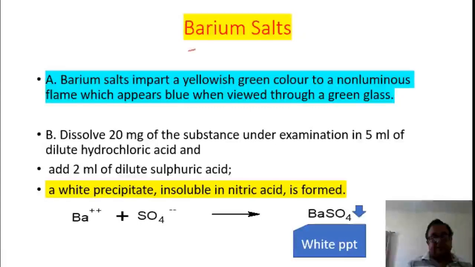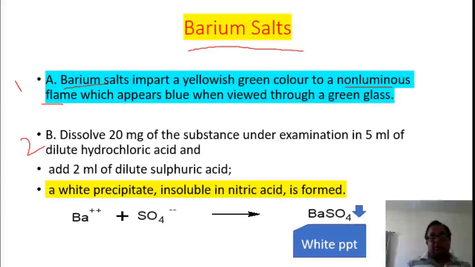The next cation is barium. Here I am mentioning two tests for barium. In the first test, the barium salt, or any other salt in which we aim to identify the presence or absence of barium, is subjected to a non-luminous flame.